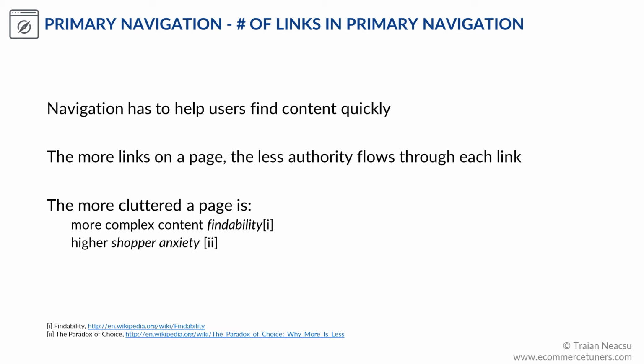Going back to PageRank basics, we know that the more links on a page, the less authority flows through each link. Thinking in terms of user experience, the more cluttered a page is, the more complex content findability is, and the higher shopper anxiety is. It therefore makes sense to reduce the number of options and improve user experience by minimizing decision paralysis.